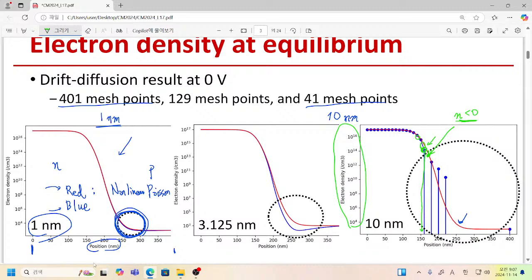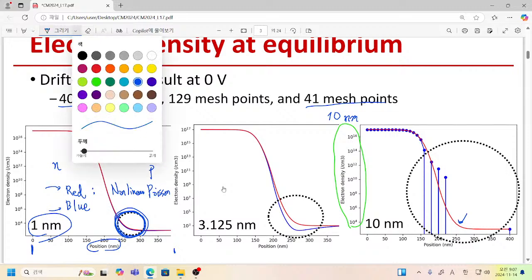Taking the log of a negative number makes an error. That's the reason why we have just disconnected lines here. It means that with 10 nanometer spacing, we cannot get the correct positive electron density in our simulation. That is the situation we have currently.